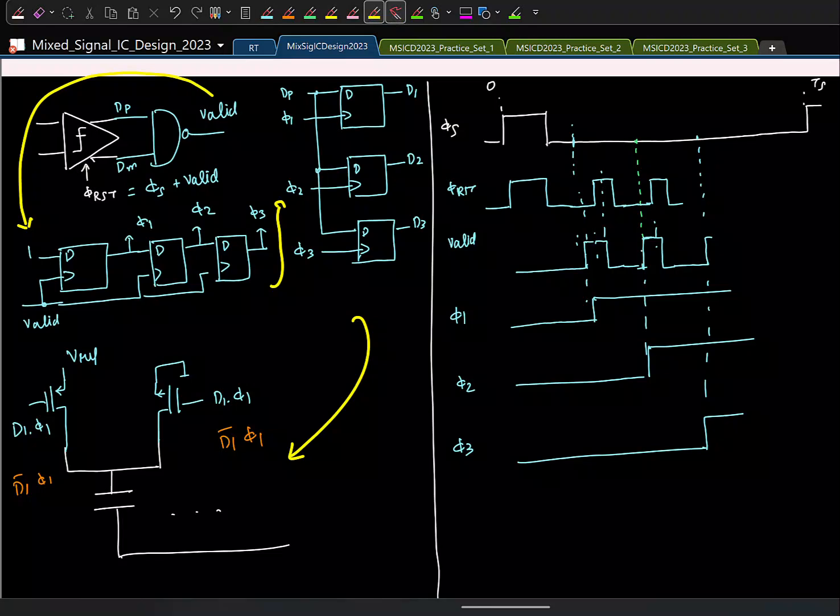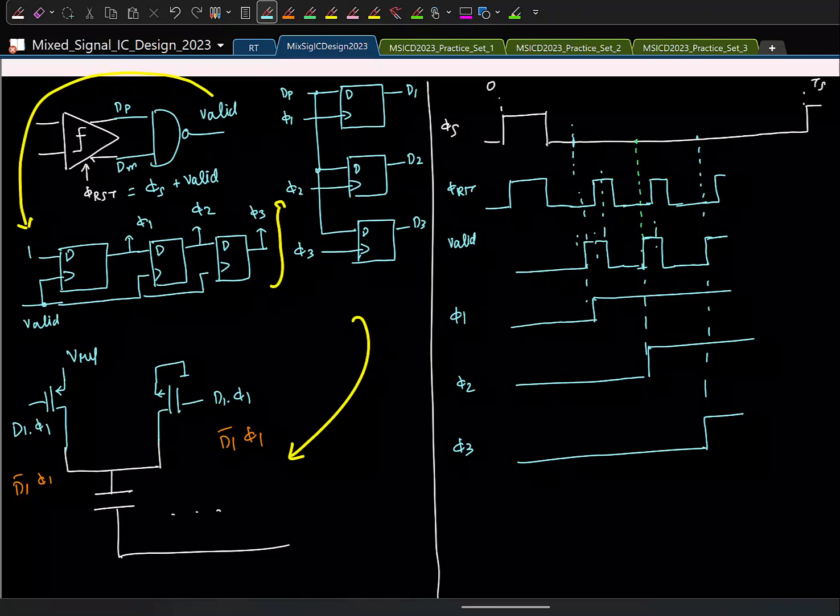If you look at it, we are using this valid and giving it as a reset, and this is continuously happening in a feedback, right? So even after the third comparison is done, remember valid has gone high and the same valid is given as a reset. So reset will go high after a short while. Once reset goes high, what will happen?